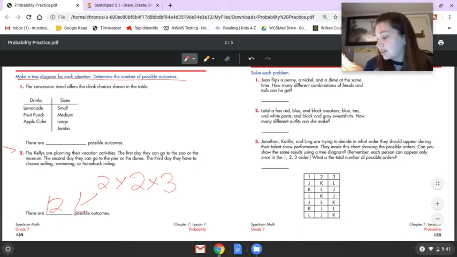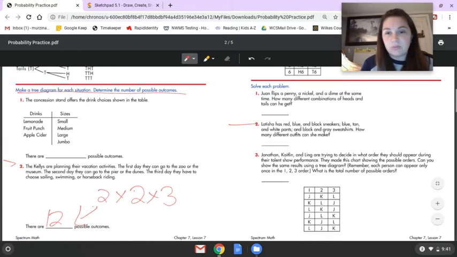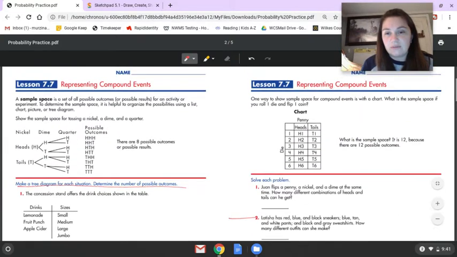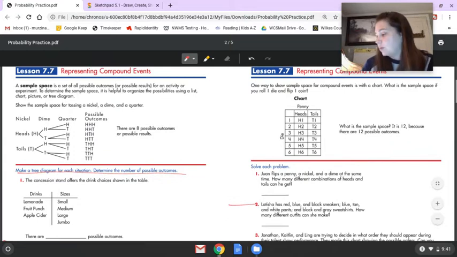So let's take a look. We'll do one more, and then that'll be all for these practice problems. We'll take a look at this one, and we're going to solve each problem. Now, up here, if you're reading through some other ways to solve it, another way to represent compound events is using a chart or a table.